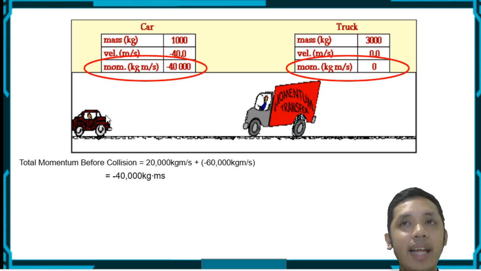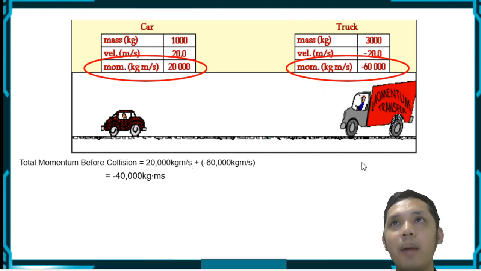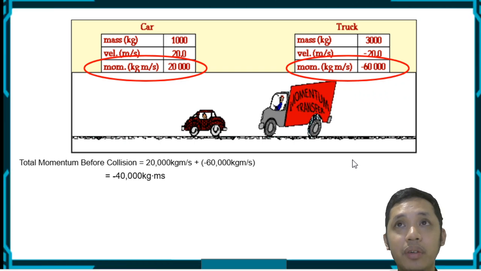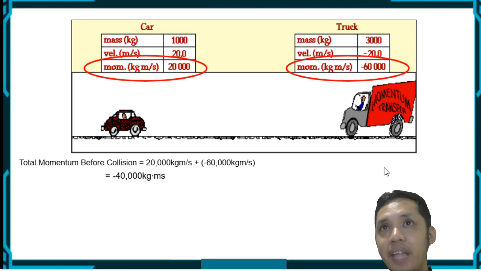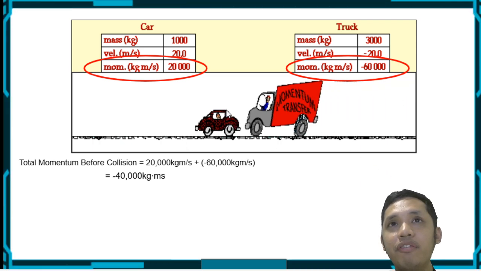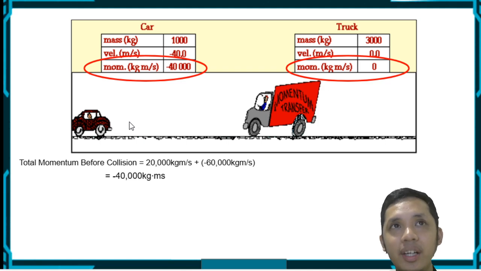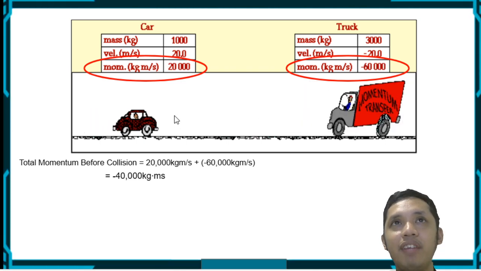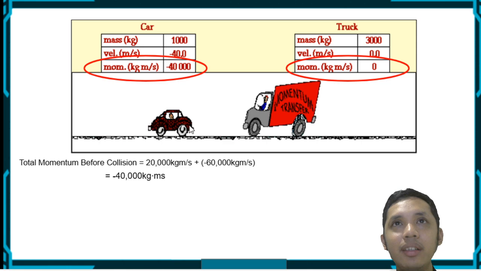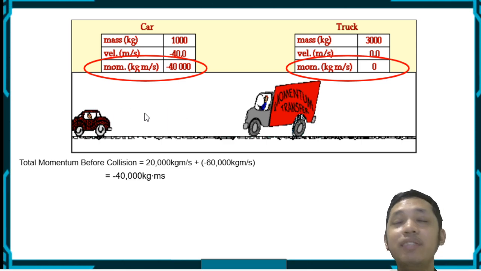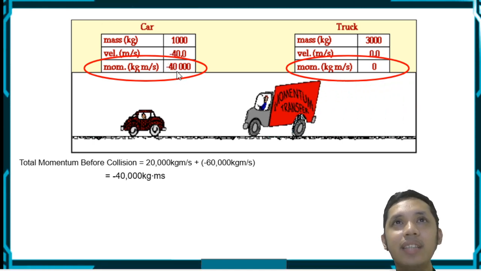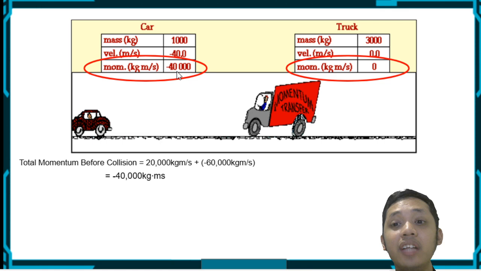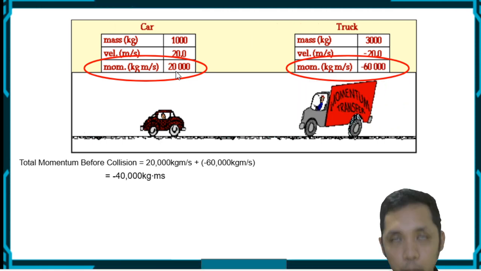Now, let's check the total momentum after the collision. So, we have to get first the momentum of the first vehicle after it collides with the second vehicle. So, after the collision, the first vehicle becomes negative 40,000 kilograms meters per second in terms of its momentum.